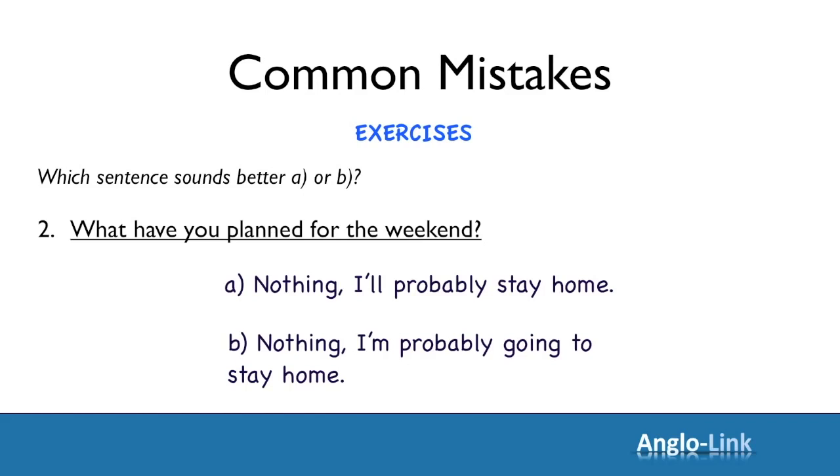Take a moment to choose the sentence that sounds better to you. Correct. The answer is A. "Nothing, I'll probably stay home." Because you're reacting to the question and deciding at the time of speaking to stay home. You had no plans or decisions before you were asked.